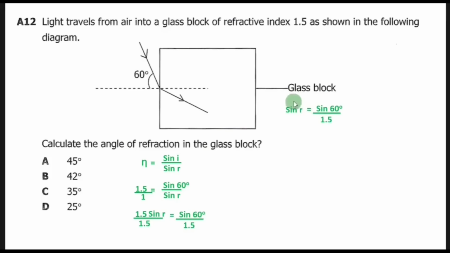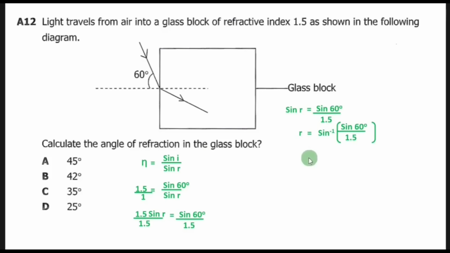Now we don't need sine, we need r, so r is equal to sine inverse, like sine to the power -1, read as sine inverse, open brackets, sine 60 degrees over 1.5.